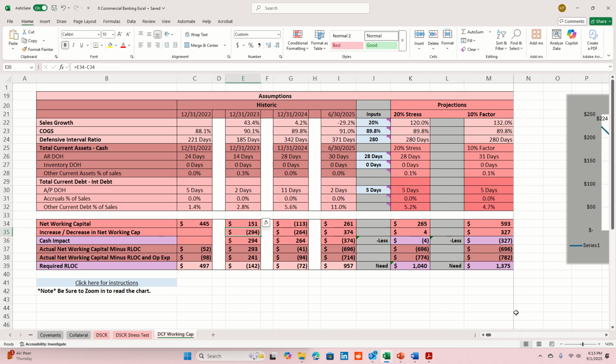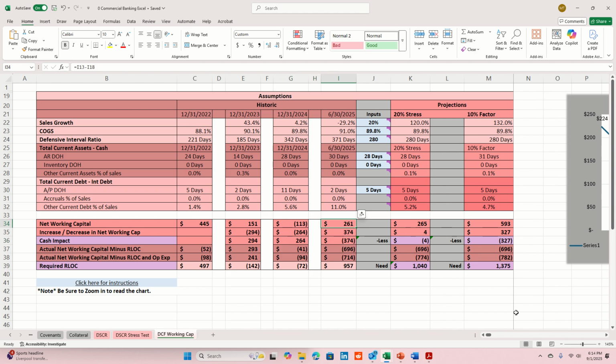Once we calculate the change in net working capital, then we can see how much cash we get or how much cash we've lost. So let's go here. In 2024, our net working capital was negative, which means we lost $264,000 worth of net working capital, and that means we gained $264,000 in cash.